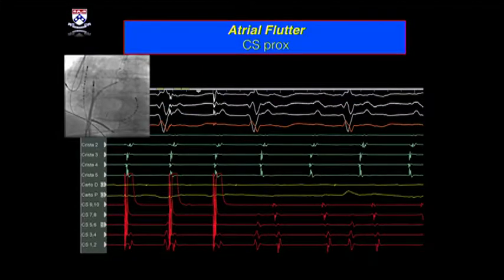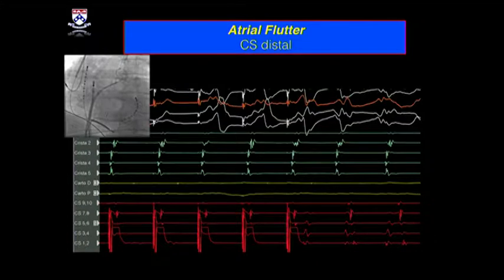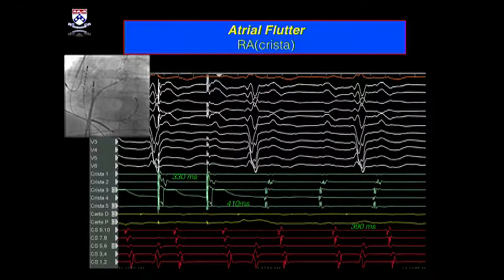So we do entrainment of the proximal coronary sinus. That's outside the circuit, as you can see. We do entrainment of the distal coronary sinus, and it's outside the circuit. So probably it has nothing to do with the coronary sinus. What's interesting is that we do entrainment of the catheter in the posterior aspect of the right atrium. And look at what happens.